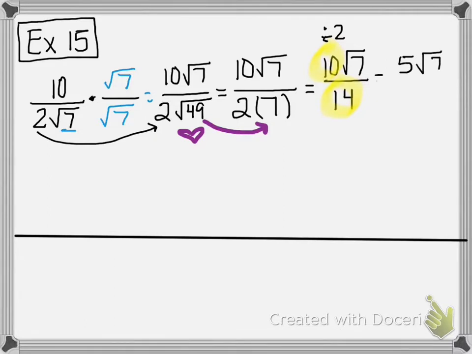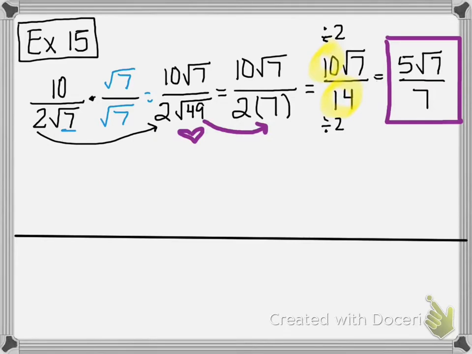Remember that you keep the radical 7. And then on the bottom, I can divide 14 by 2 as well, and I get 7 on the bottom. And this is as simplified as it gets. So all we did was we took the 10 and the 14, and we just simplified it. Again, you can't divide them, but 2 goes into both of them evenly. So 5 radical 7 is your final answer.